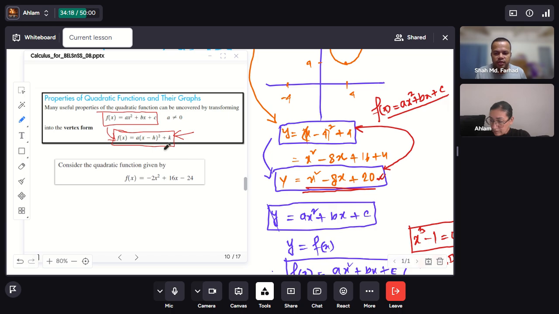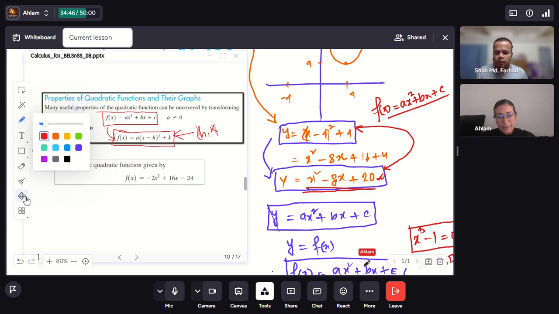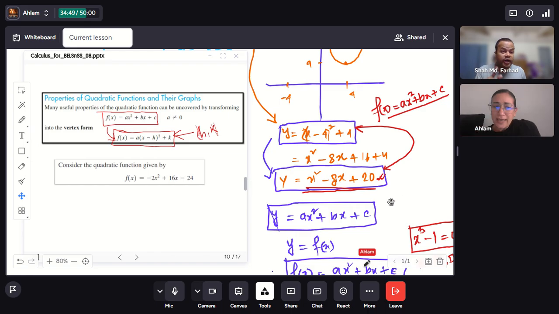That means from this type of equation, we can easily say what the coordinates of the vertex are. Here, the coordinates of the vertex are h, k, in this form.